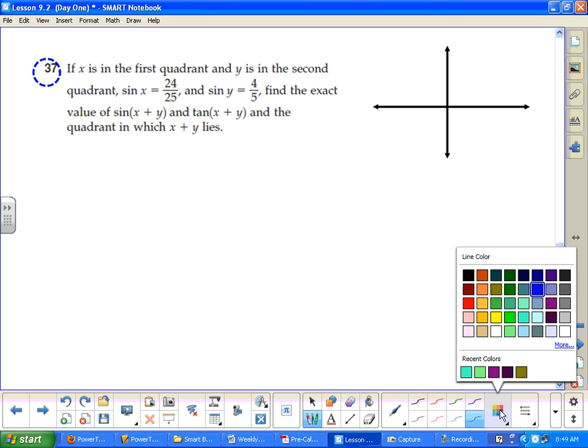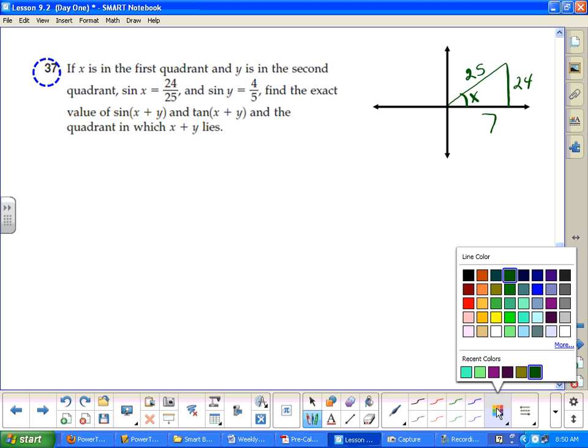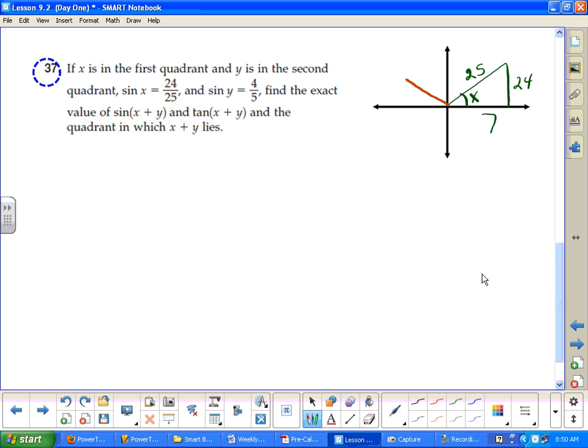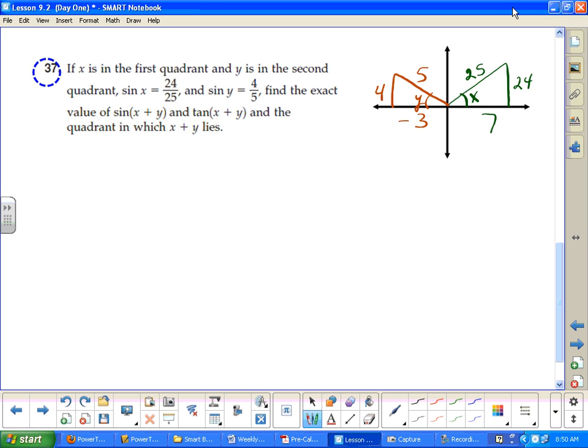Let's see, let's go. Okay, so we have the triangles done.